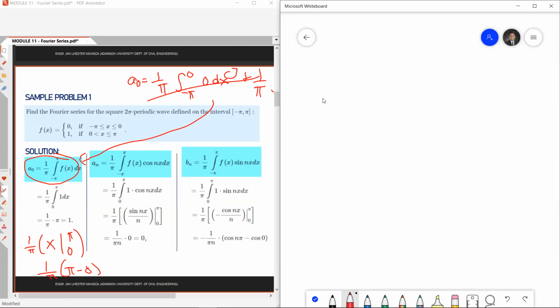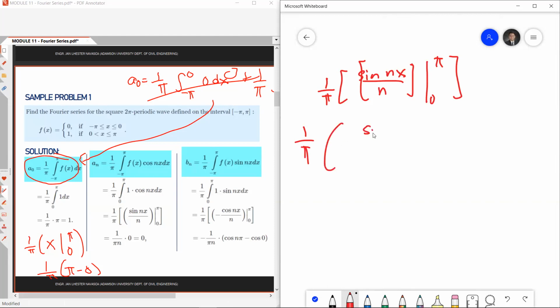So ayan, what you have left now is 1 over pi times sine of nx over n, evaluated from 0 to pi. Ang gagawin natin, 1 over pi, then substitute natin yung sine n pi over n, tama?